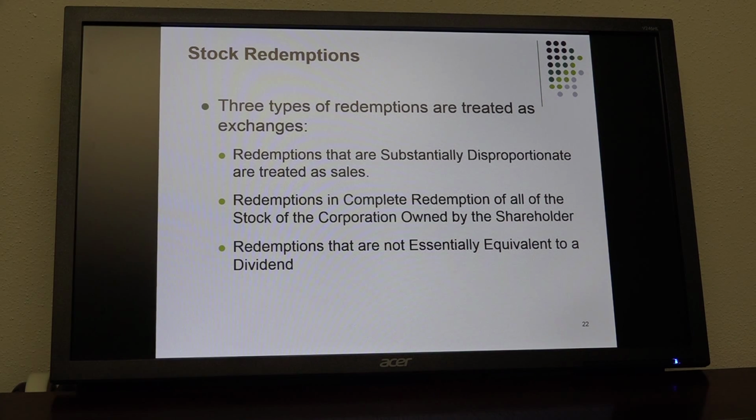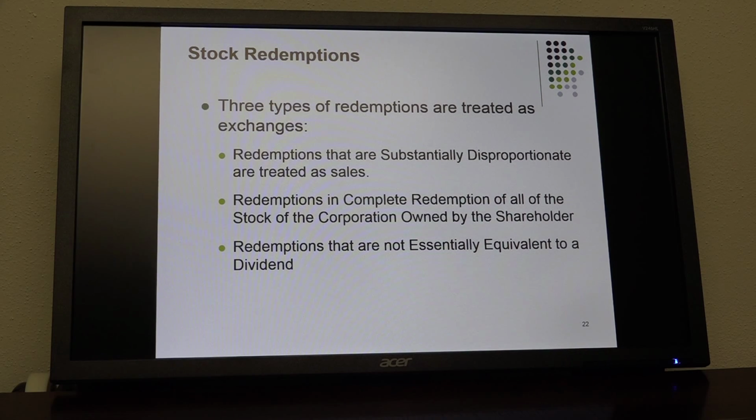And so the three stock ownership tests that you must meet in order for this to be qualified as an exchange are the following. Immediately after the exchange, the shareholder has to own less than 50% of the total combined voting power of all classes of stock entitled to vote.